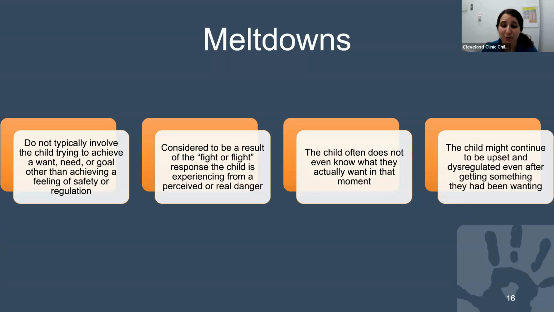Versus the kiddo who just can't calm themselves down, they're melting, they're overwhelmed or overstimulated. That might be more so a meltdown. But a lot of times the two can go hand in hand.